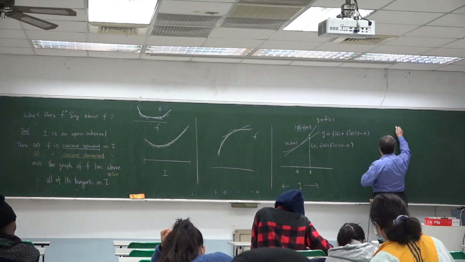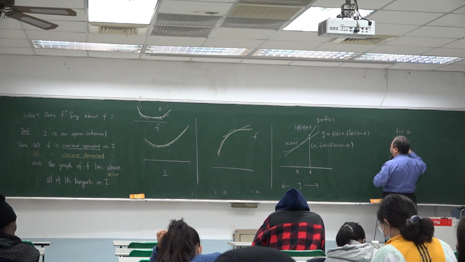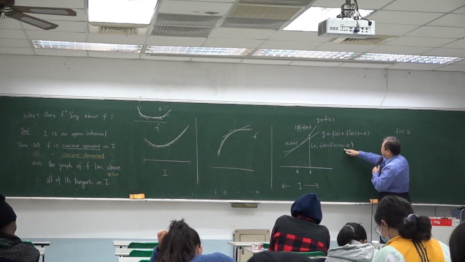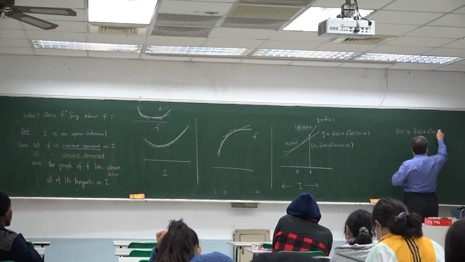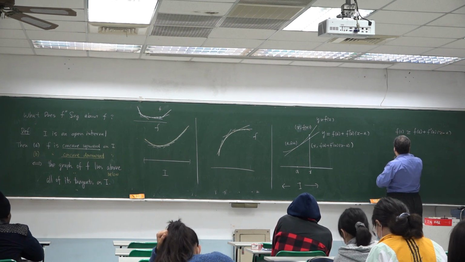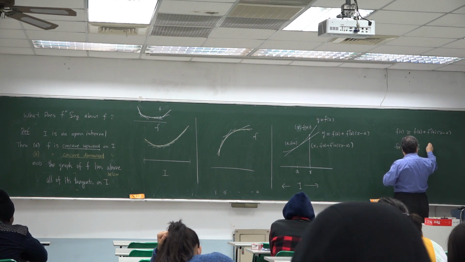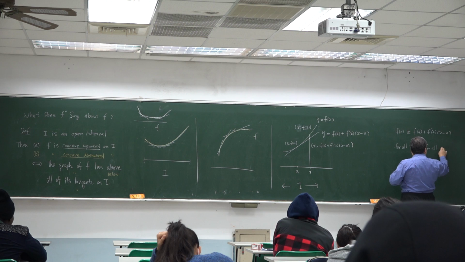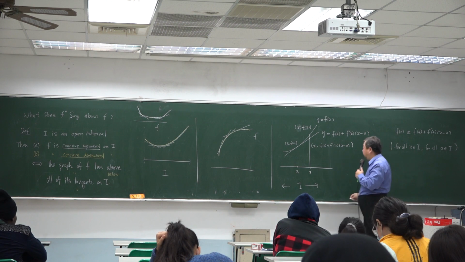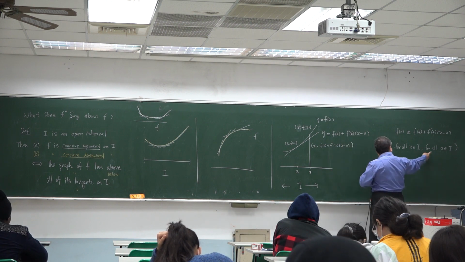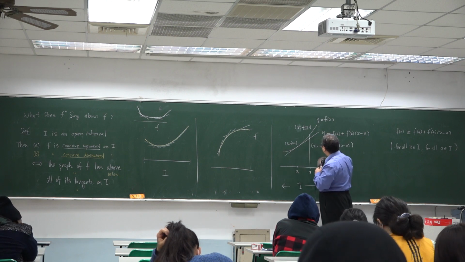Okay. So now we transfer that statement to: f of x is at least, or greater or equal to, f of a plus f prime of a times x minus a, for all x in I and for all a in I. Okay, for all a in I means for any tangent line, maybe this one, maybe this one, maybe this one.